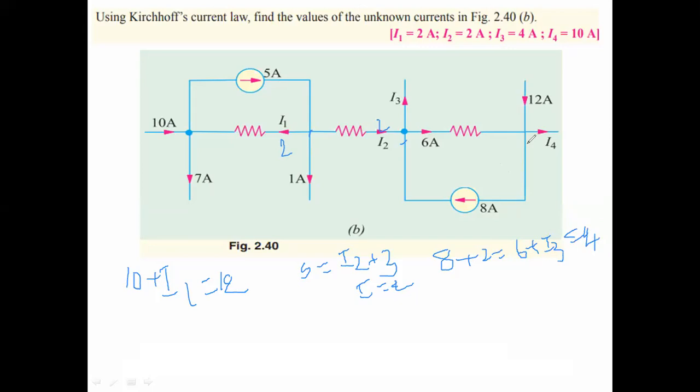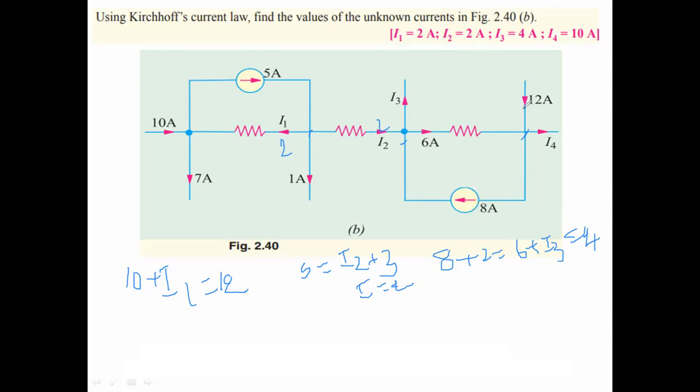At this junction, 12 amperes is incoming and 6 amperes is incoming, while 8 amperes is outgoing and I4 is outgoing. So the incoming currents are 12 plus 6, that is 18, and the outgoing current is I4 plus 8.